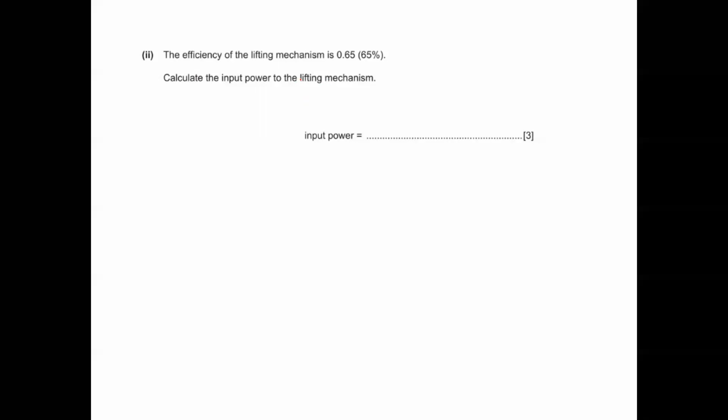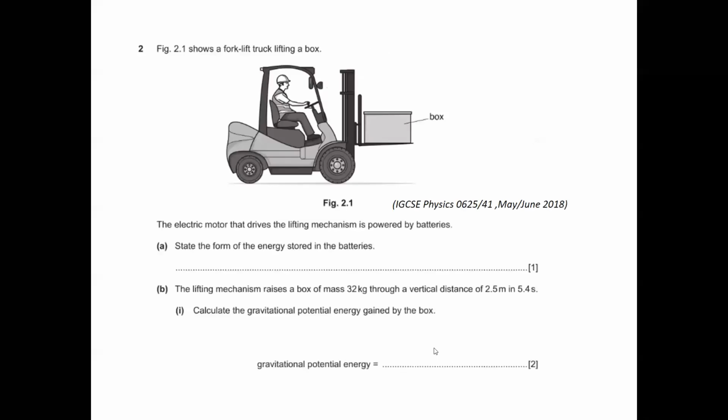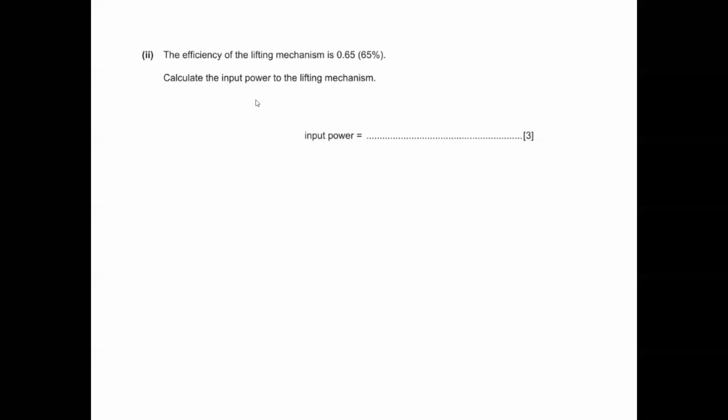So from here, we can use, sorry, not from II, but from I. This one is the energy output, and we want to find the power input. So we have to find the energy input first before we find the power input. Okay, so how do we find the energy input? We use the efficiency formula.